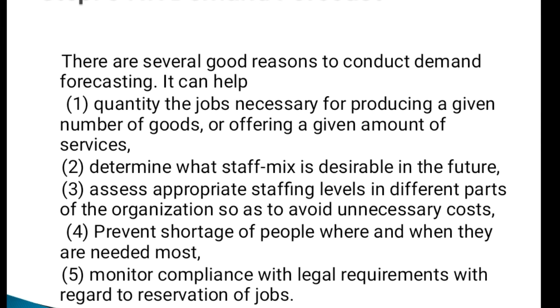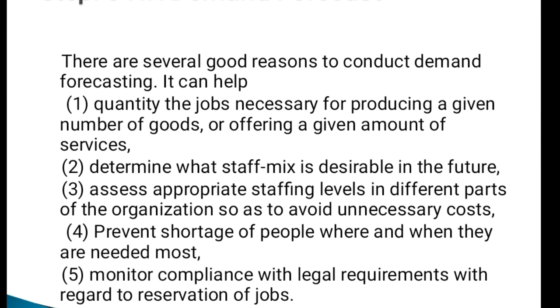Third one, assess appropriate staffing levels in different parts of the organization so as to avoid unnecessary costs. We had discussed earlier that demand forecasting will be conducted at every function and every level. So here, forecasting and the recruitment selection process will not need to be repeated again and again, which reduces the cost. That can be done only with the help of proper functional and departmental demand forecasting.